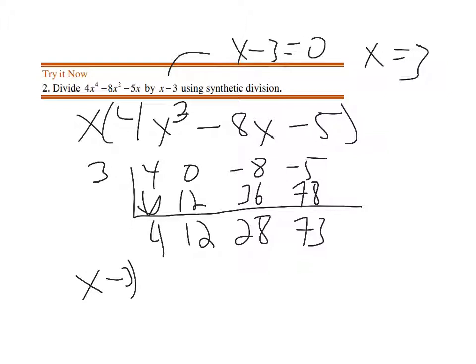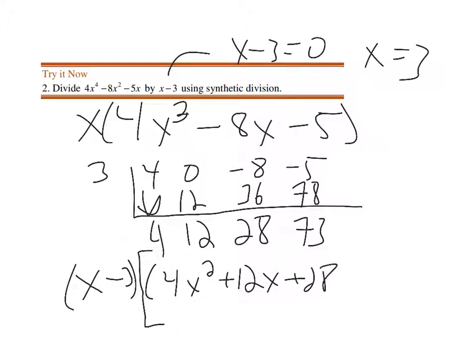Well, I get x minus 3 times 4x squared plus 12x plus 28 with a remainder of 73 over x minus 3. I'm just noticing I've got a common factor of 4 here. Did I make a mistake anywhere? Let's see here.